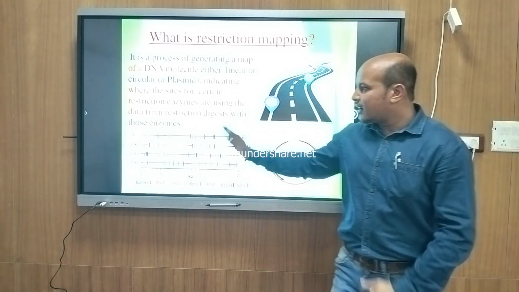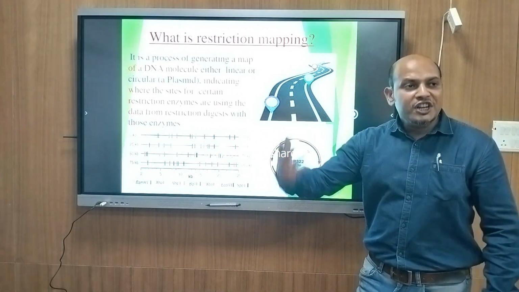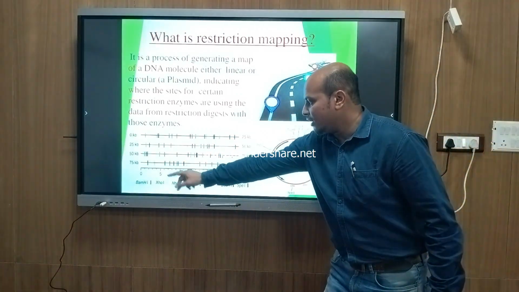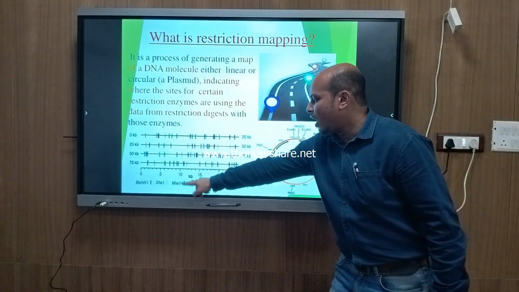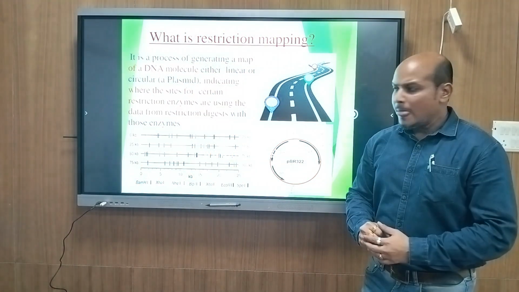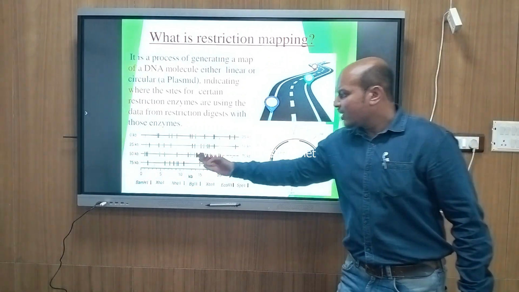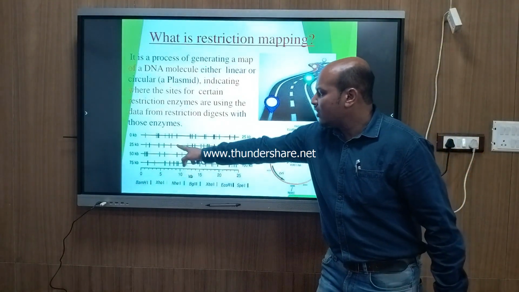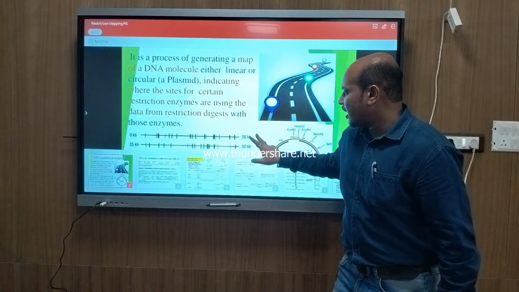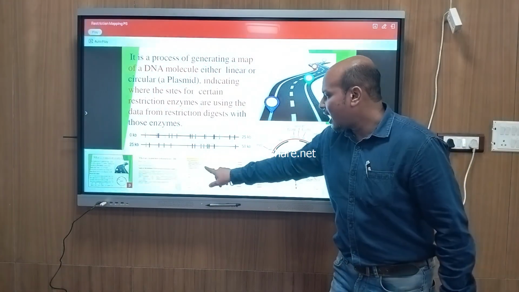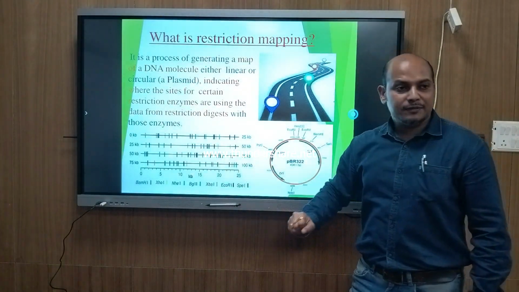Now, if we consider the restriction endonuclease recognition sites, say these are the restriction endonucleases like BamHI, EcoRI, NheI, BglII, and they are being color coded differently. So, the restriction sites of BamHI would appear over here, then it is appearing over here and over here and like that.